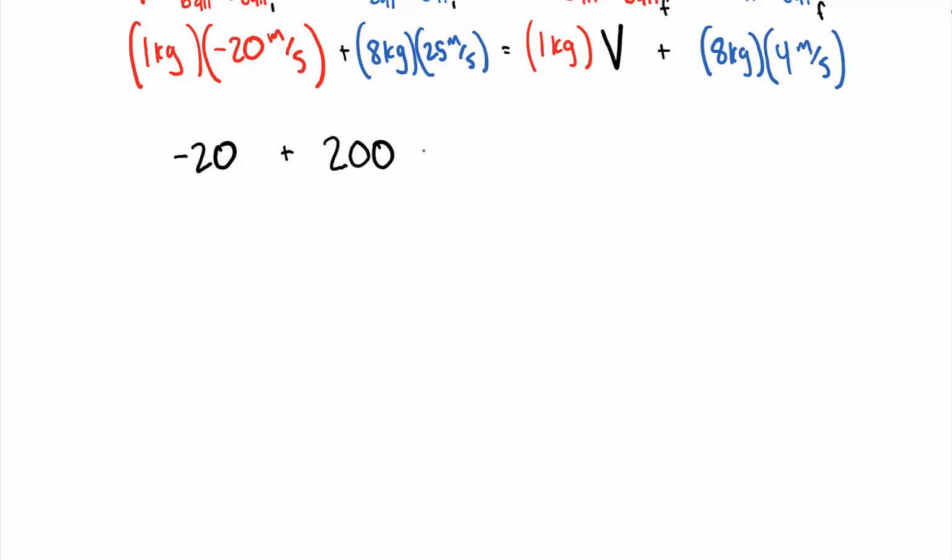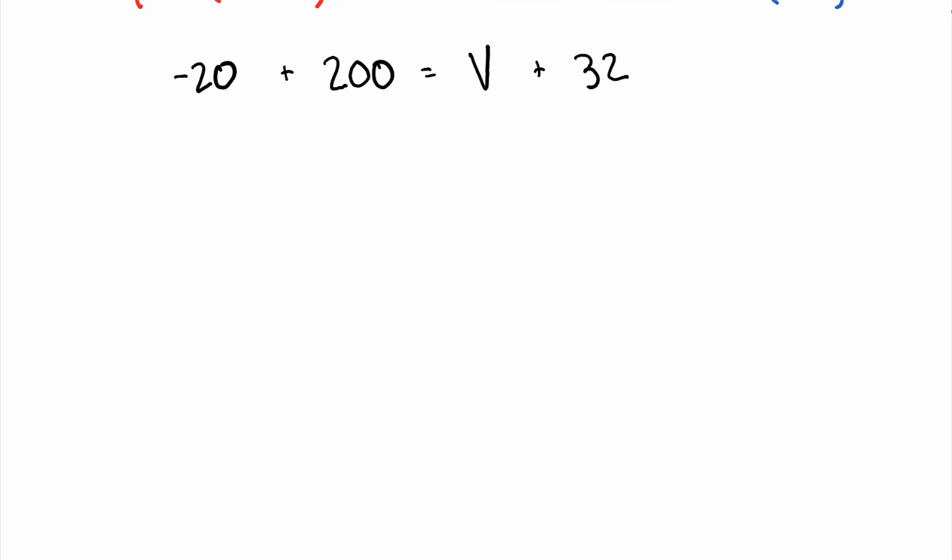So this is the combined momentum at the beginning. That's equal to, well, 1 times v, that's just v, the velocity of the ball, plus 8 times 4, which is 32. So I have simplified it. The next step is negative 20 plus 200 is going to be 180.